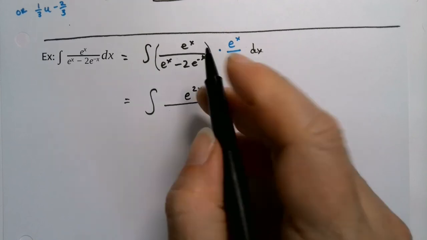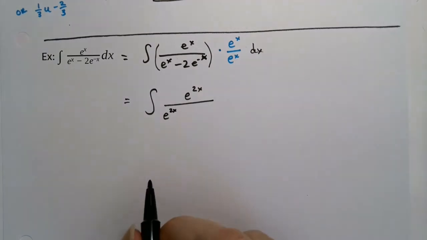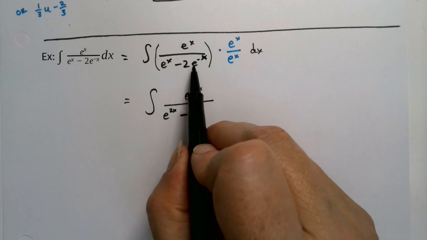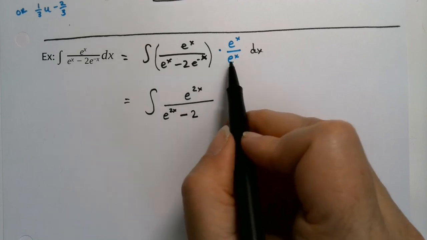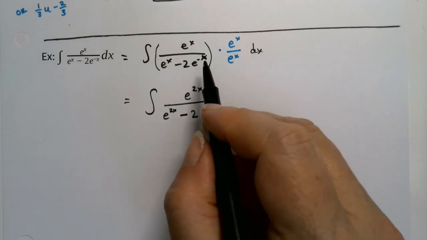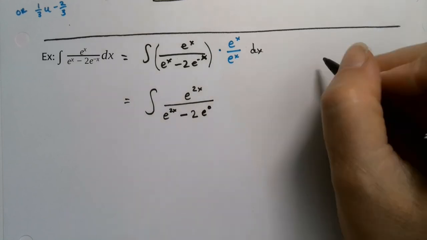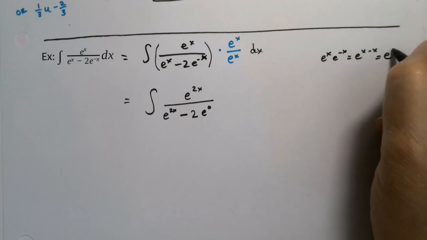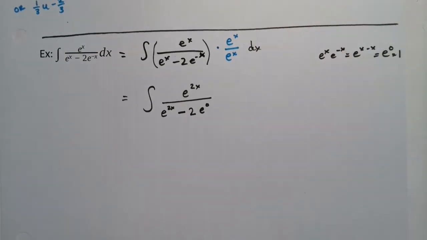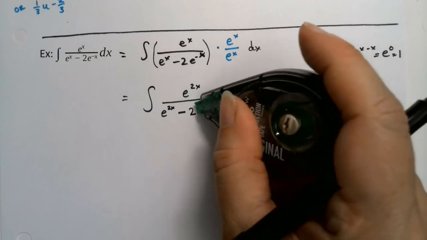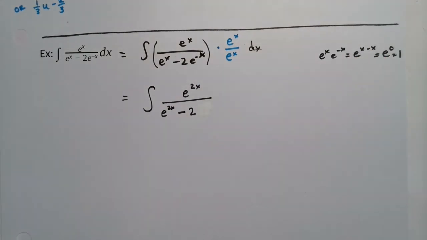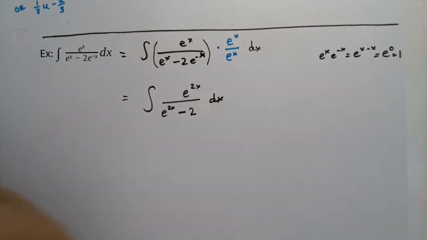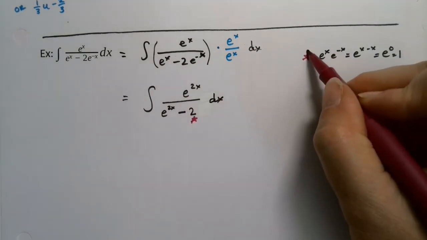So it's e to the x times e to the x, which is another e to the 2x, minus, and then here's the real kicker, 2 e to the negative x times e to the x is e to the 0, right? e to the x times e to the negative x is e to the x minus x, which is e to the 0, which is 1. So actually, let me put it that way. Here, I'll make a little star. That's why that's happening.